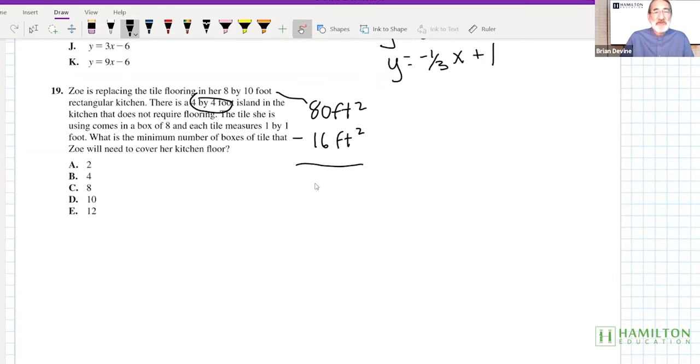Now, this leaves Zoe with 64 square feet to be covered. And each tile comes in a box of 8, and each tile measures 1 by 1. So if I divide this by 8, then this tells me that she's going to need 8 boxes, because there's 8 square feet per box. And C is the correct answer.